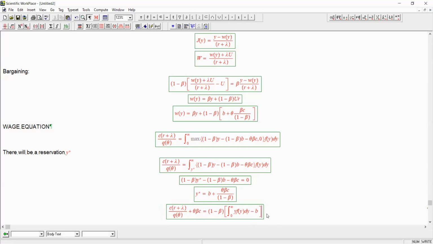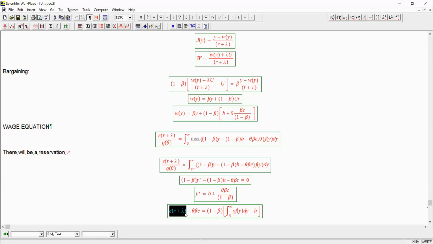So as long as the expected value of y is greater than b, this is a positive number, which means that this is a positive number. And this goes from infinity, if theta is so much that q of theta is 0, down to some constant, which must be, well, if we set q of theta to be 1, then this is the constant.